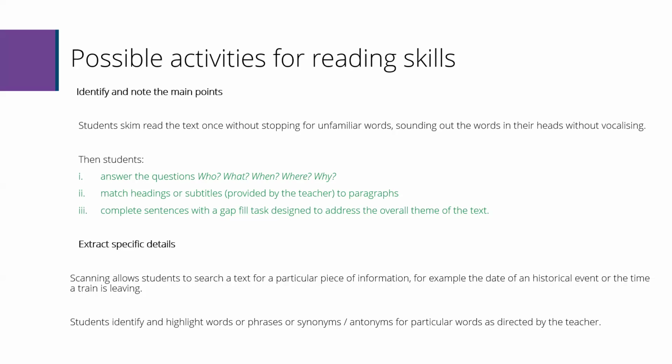So students need to identify and highlight words or phrases or synonyms or antonyms for particular words as directed by the teacher. So again, you could give them a list of time, date, place, so on, and would ask them to scan through and just find those specifically, find where those details are in the text.